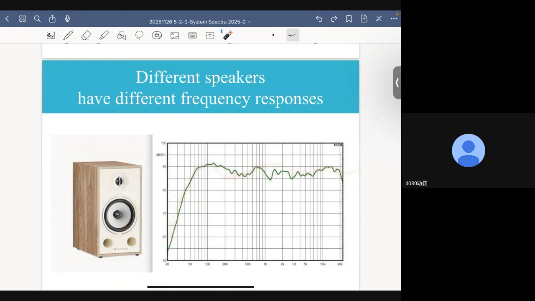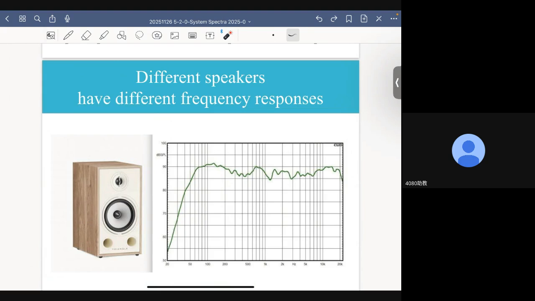All right, okay. And you can see this frequency plot for loudspeakers as well as earphones, okay, provided that the manufacturer provides you such information, okay.